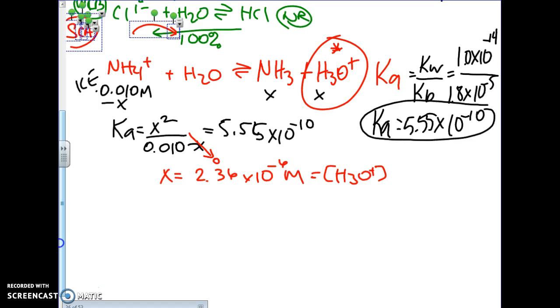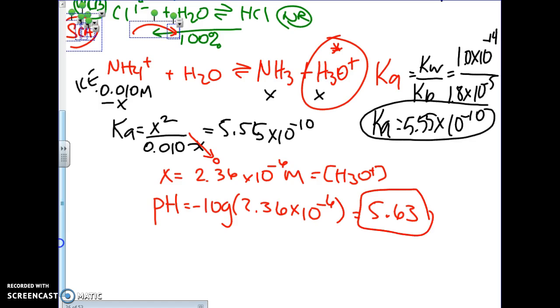So hydronium being 10 to the negative 6, you're probably thinking, all right, pH is going to be maxed out at 6, so let's call it a 5.7 or something like that. So calculated, actually, pH is the negative log of 2.36 times 10 to the negative 6. That's a 5.63 pH. So it is between the 5 and 6 region, so that's great because it's definitely double or maybe quadruply determining that it is acidic and is a weak acid.